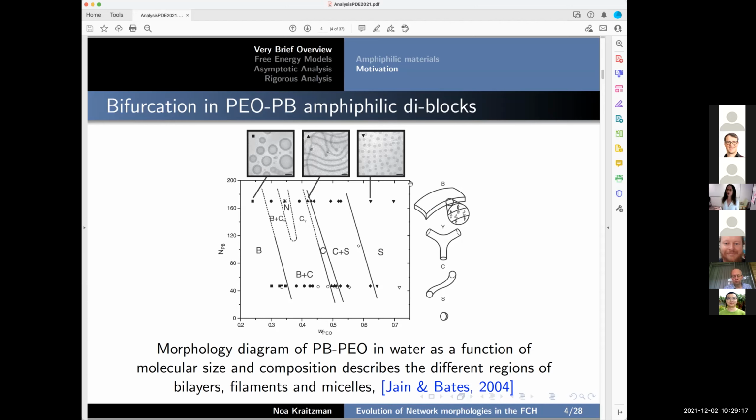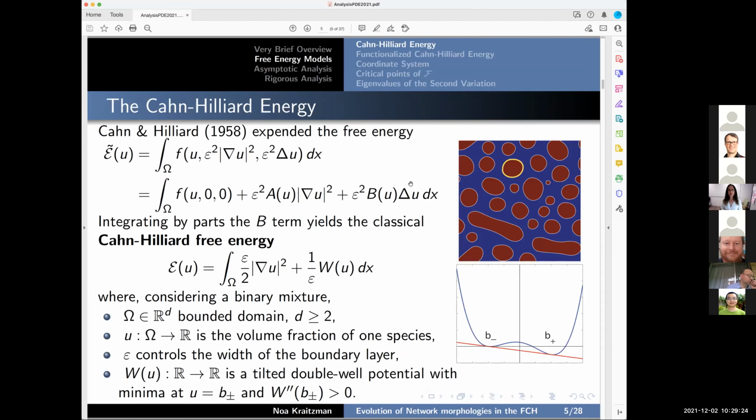So I'm going to show you the functionalized Cahn-Hilliard free energy to describe this kind of bifurcation. I cannot talk about functionalized Cahn-Hilliard free energy without explaining a little bit or reviewing the Cahn-Hilliard free energy. So Cahn and Hilliard wanted to describe the spinodal decomposition of binary mixtures. Here we have omega in R3, a bounded domain.